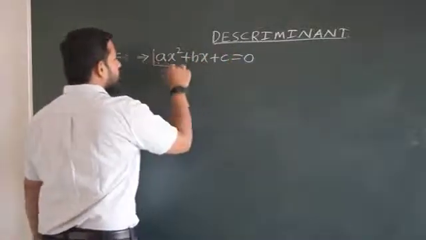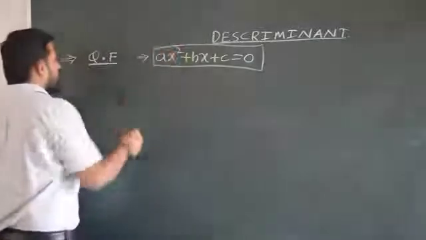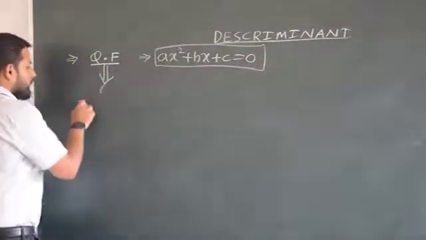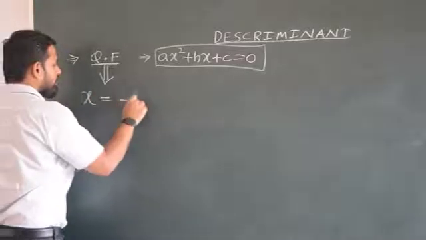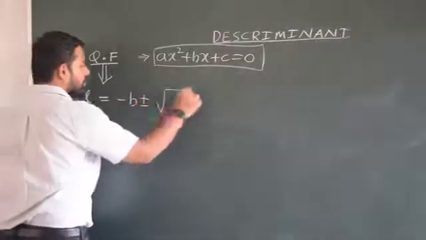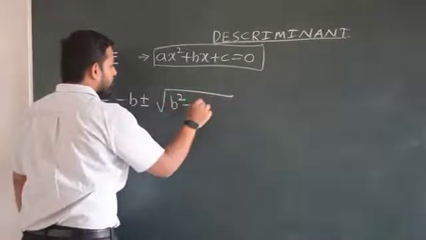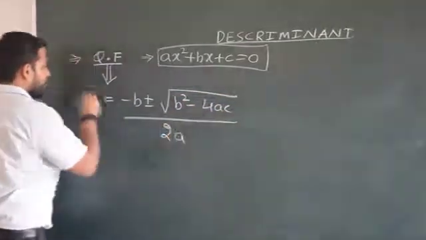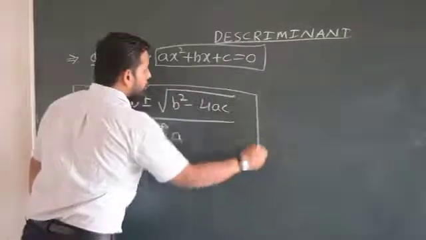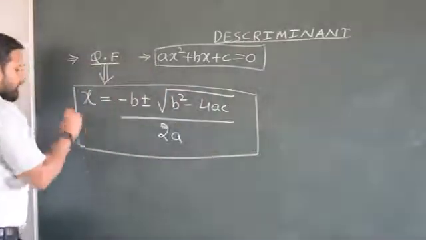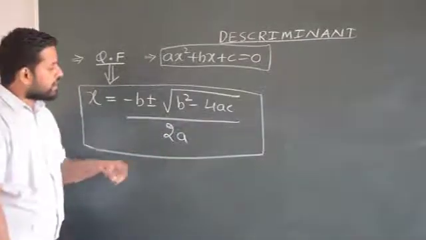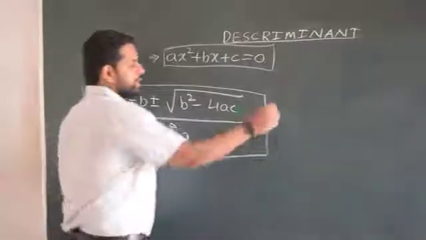Then the quadratic formula, to find the value of x, is x equal to minus b plus or minus under root b square minus 4ac, divided by 2a, right? So this is called the quadratic formula. Are you aware of this, my dear children? I hope so.